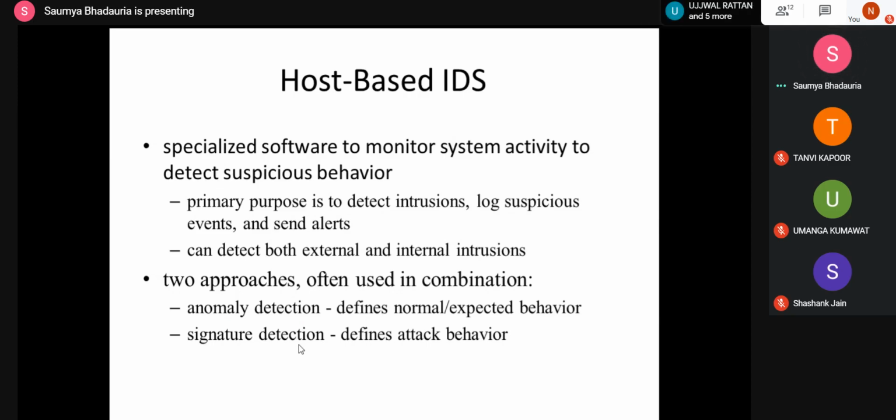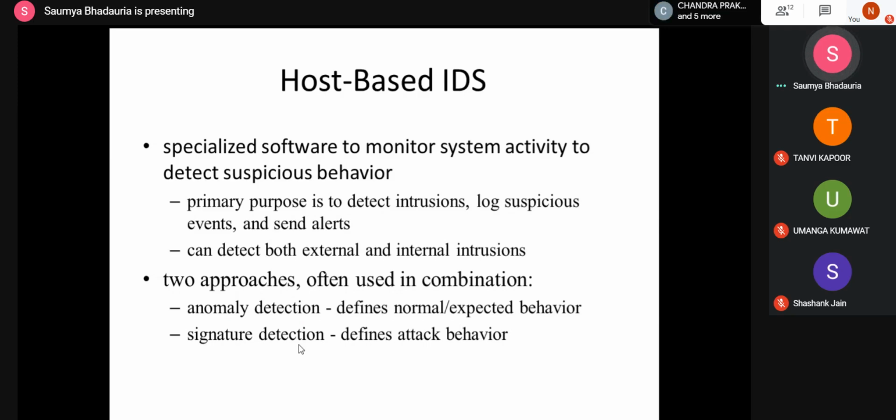The other one is signature or heuristic detection. Here the process is different. It is observed that if there is any DoS attack, or any DDoS attack, or any packet sniffing attack happening, it would happen in a very traditional way. The expected behavior of such an attack is that a lot of packets will come from the same client with spoofed IP addresses. So this is an expected behavior of an attack.